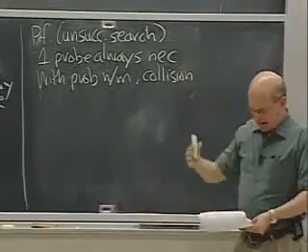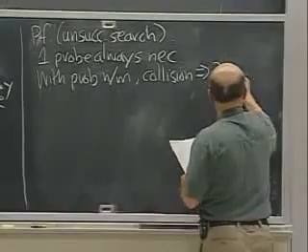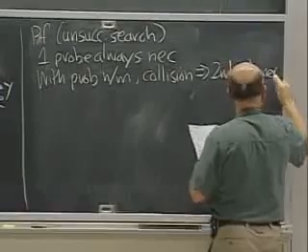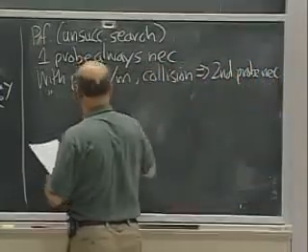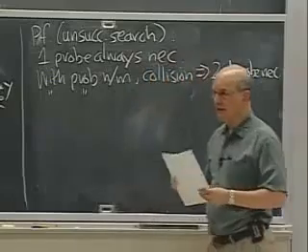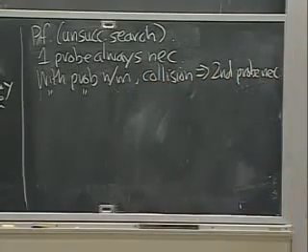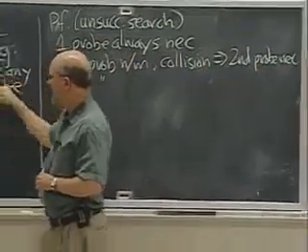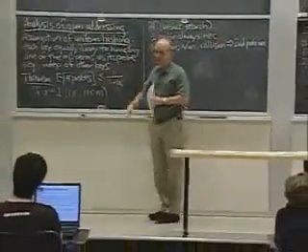And then a second probe is necessary. So then I do a second probe. With what probability on the second probe do I get a collision? We're making the assumption of uniform hashing: each key is equally likely to have any one of the m factorial permutations as its probe sequence.